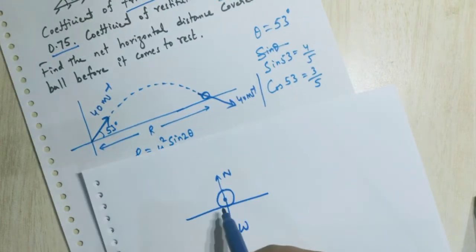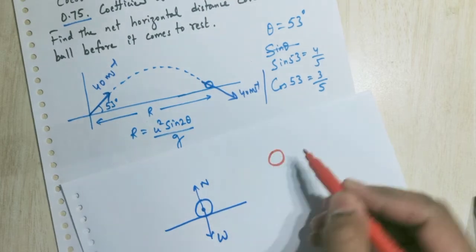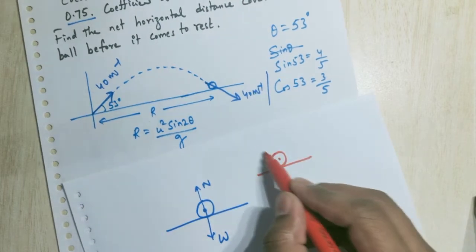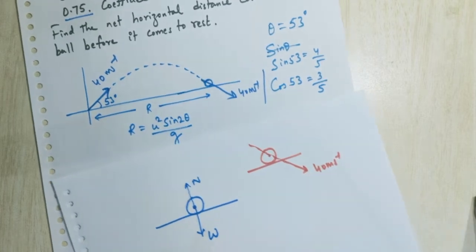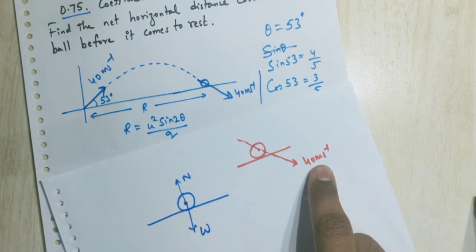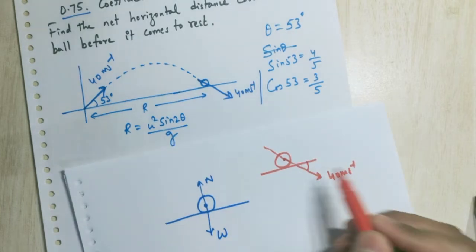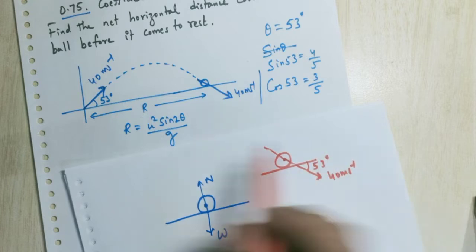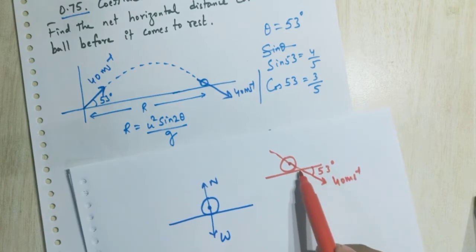So here also you can say that the ball is having a velocity in this direction, 40 meters per second. Can you resolve this 40 meters per second into components? You can also say that this angle is 53 degrees, because initially the angle made with the horizontal is 53 degrees, and finally the angle made with the horizontal by the final velocity will also be 53 degrees.